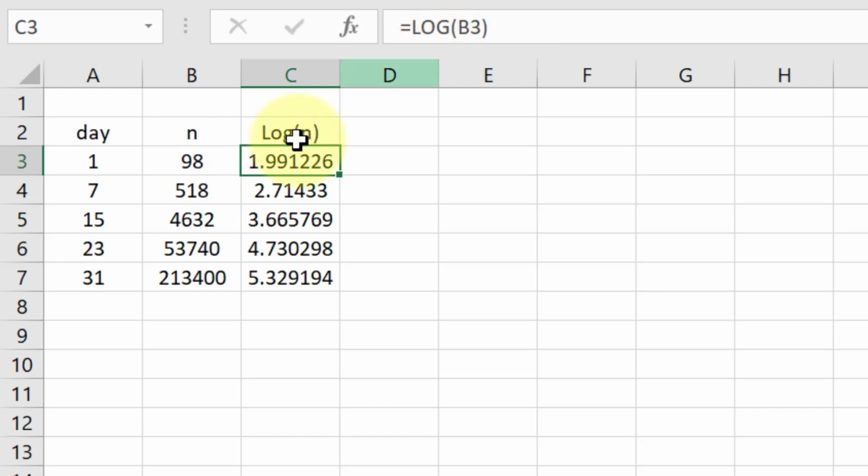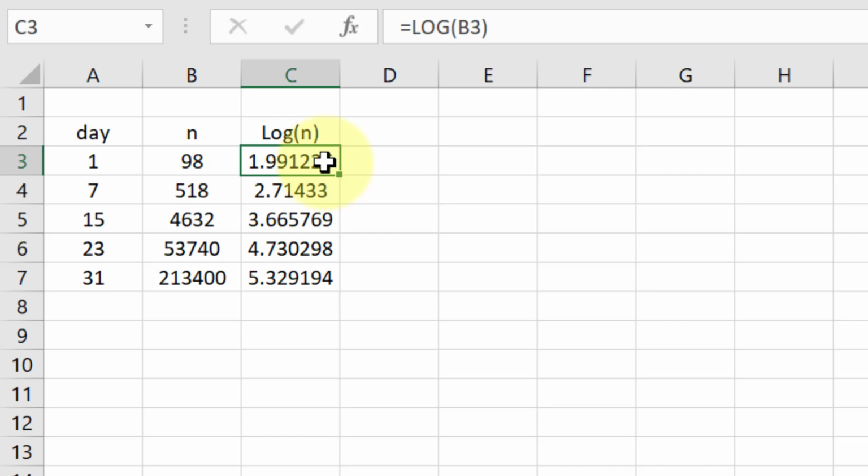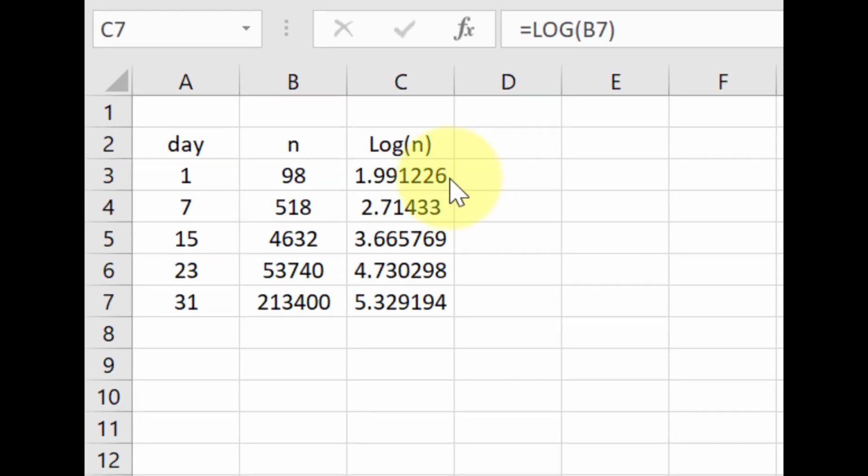So I'm saying log of cell B3, so log of 98, and using log instead of ln, I'm doing base 10. That means we're calculating what exponent you would raise 10 to, to get 98. In other words, 10 to the power 1.99 is 98, and 10 to the power 2.7 is 518. Of course, I could just comment that obviously 10 squared is 100.